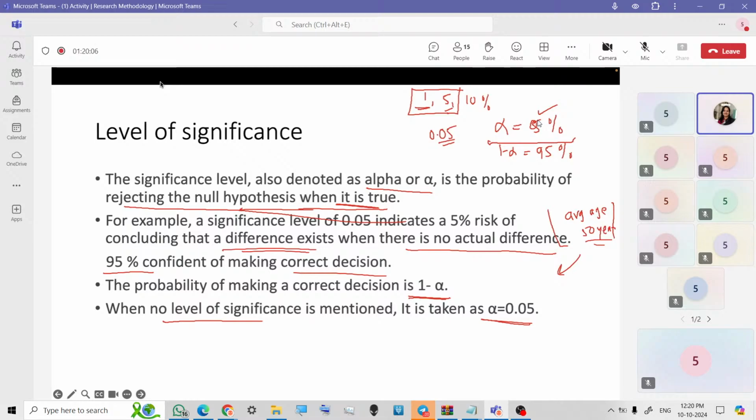It means that for the remaining 95%, I'm confident that I'm going to get a correct decision. So the probability of getting a correct decision is 1 minus alpha. And when there is no level of significance mentioned in the problem statement, you should ideally take alpha equal to 0.05.